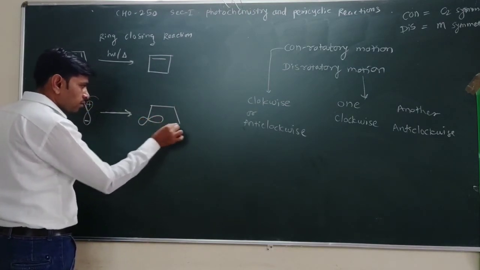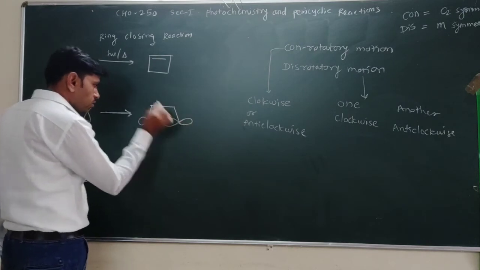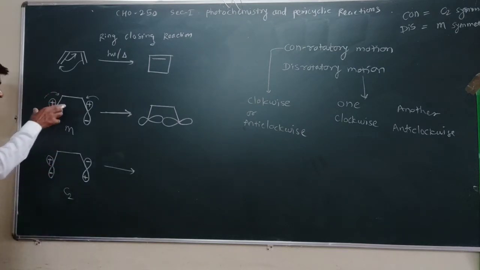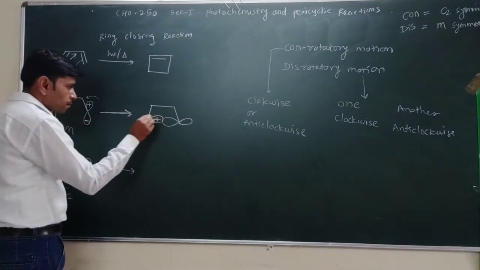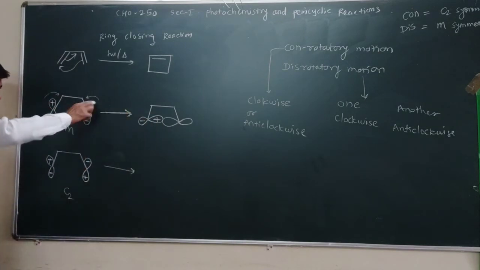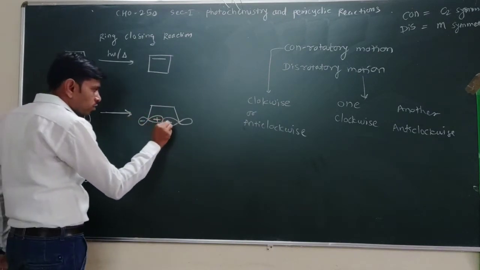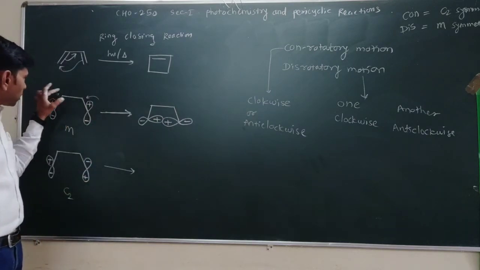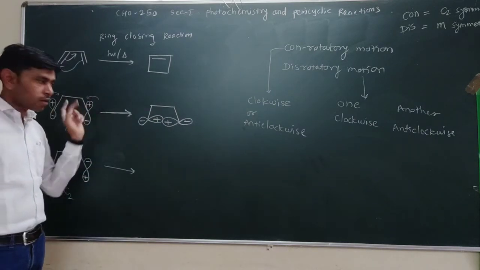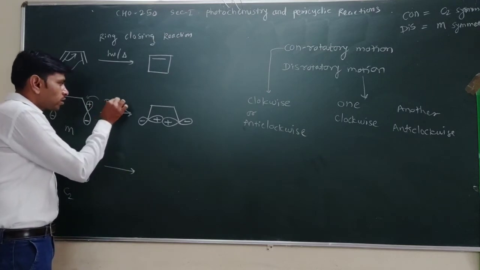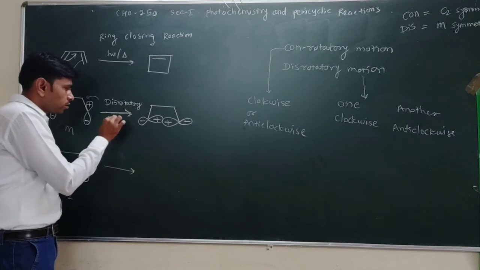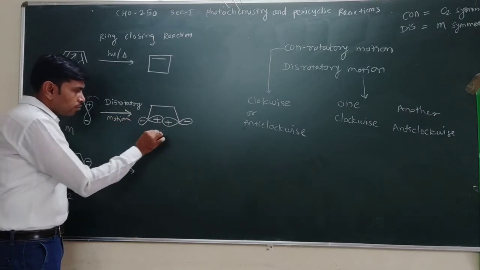The orbital rotated clockwise, plus sign goes here, negative sign goes here. When we rotate anti-clockwise, the plus sign goes here, negative sign goes here. One rotated clockwise, another anti-clockwise, so it is a dis-rotatory motion, and we obtain bonding overlap.